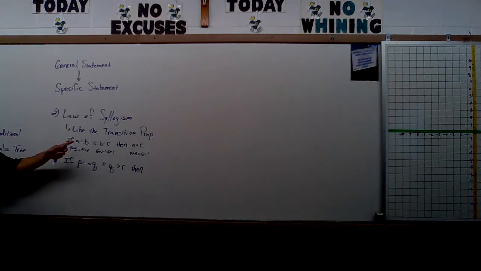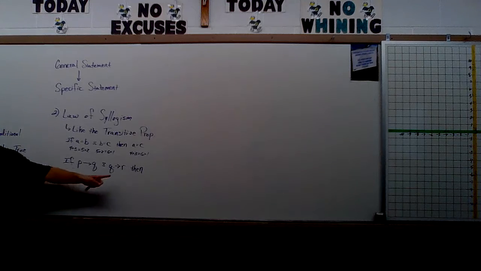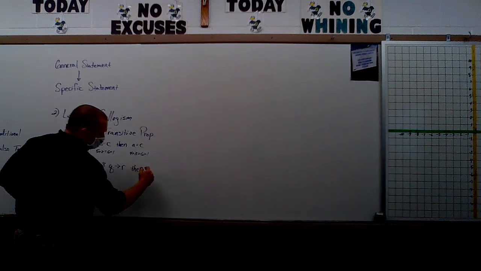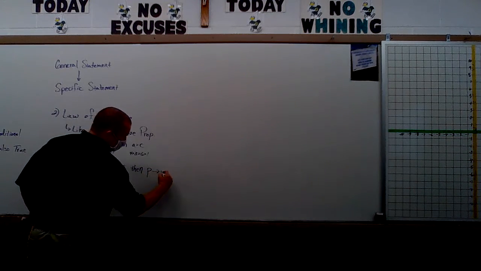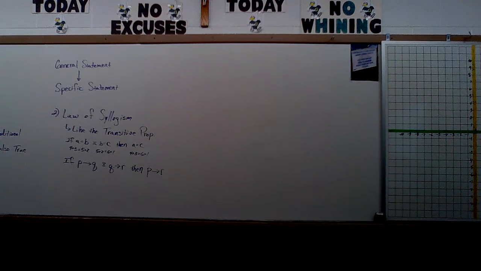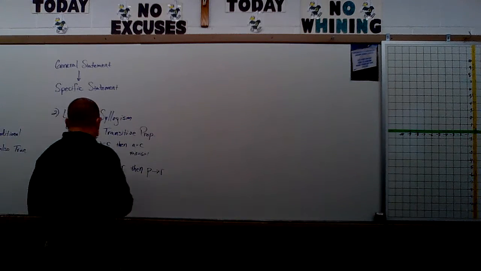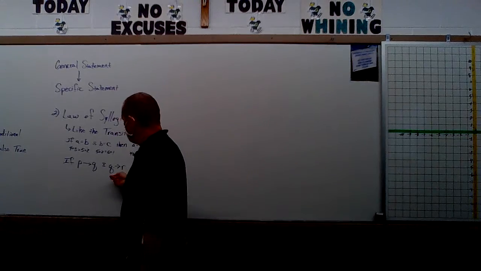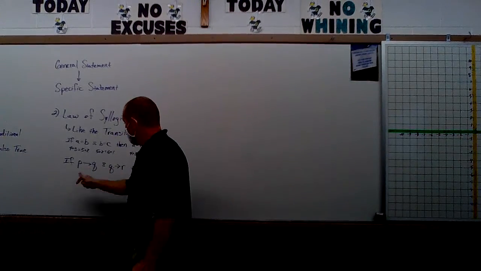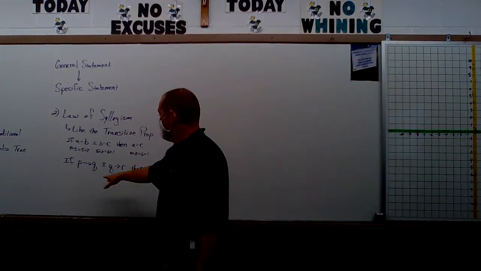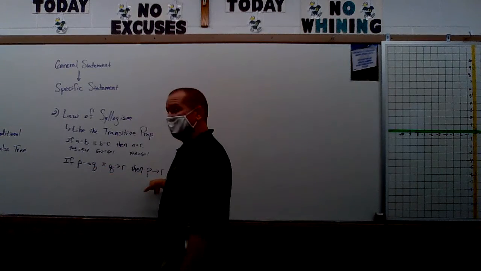Again, just like the transitive property, we're going to pluck out the Q's, and what's left over? Then P should be to R. Should also be true. So if this is true and this is true, when I pull out the Q's, the beginning and the end of the original and the second one should also be true.